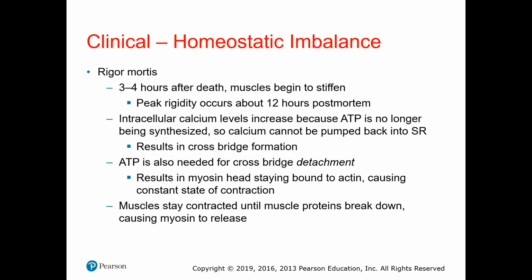So cells can generate a lot of ATP for a while. And so what will happen is, as we run out of oxygen, and we run out of ATP, the myosin heads lose their ability to let go of the actins.